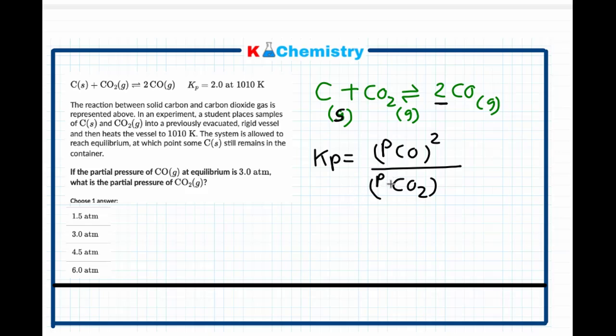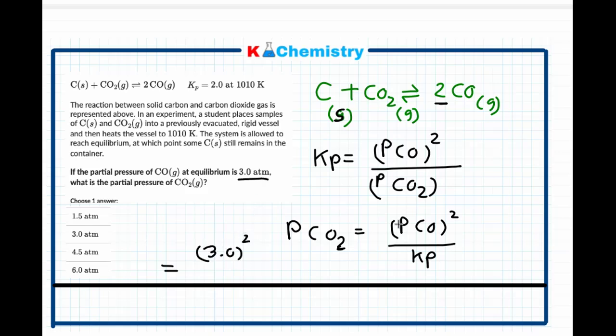So I need the partial pressure of carbon dioxide. So the partial pressure of carbon dioxide is equal to the partial pressure of carbon monoxide squared divided by Kp. I just switched these two around, and that's equal to 3 squared.